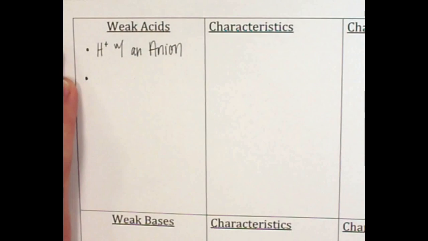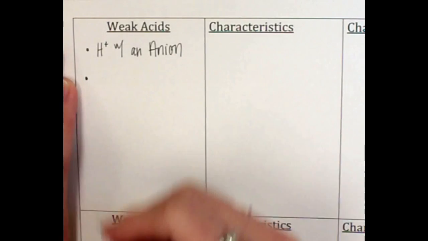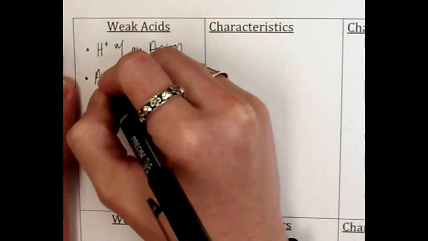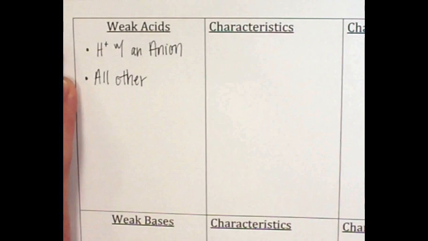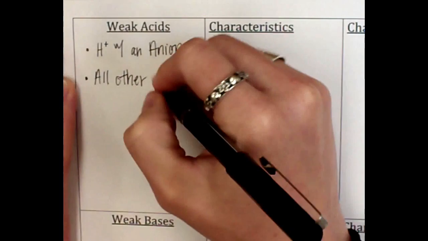The second thing is, because we want to know what's a strong acid and what's a weak acid, we're going to give you a list of what the strong acids are. So a weak acid is going to be all of your other acids that aren't included in your strong acid list.